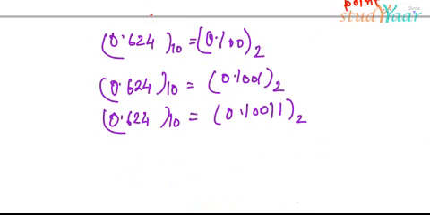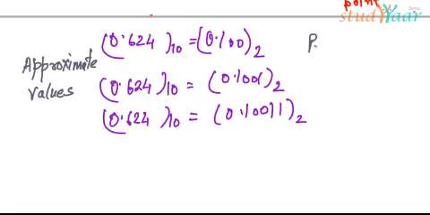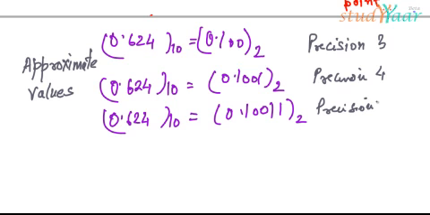These are all approximate values. This is a precision of 3 decimal places, a precision of 4 decimal places, and this is a precision of 5 decimal places.